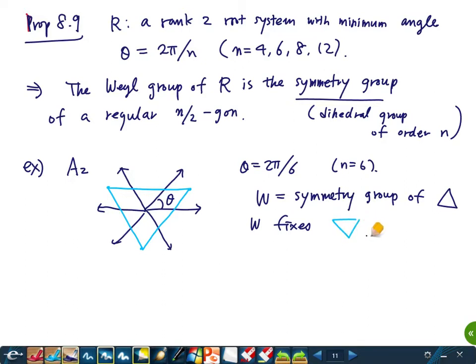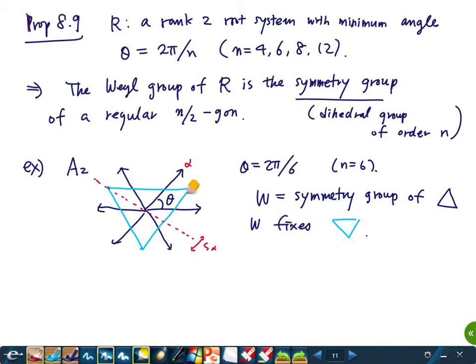Can you see that? So W is generated by reflections, right? So for instance, let's consider this alpha. What is s alpha? s alpha is the reflection about the hyperplane orthogonal to alpha. So it's a reflection about this hyperplane. If you reflect the blue triangle, it stays the same.